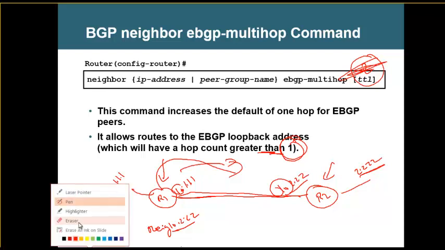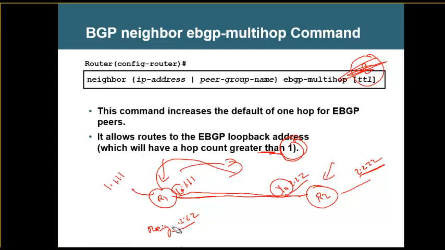But when you give a loopback interface as the neighbor address, the neighbor's loopback interface address as the neighbor address, the routing table is not going to show that as directly connected. As a result, the packet won't go outside.